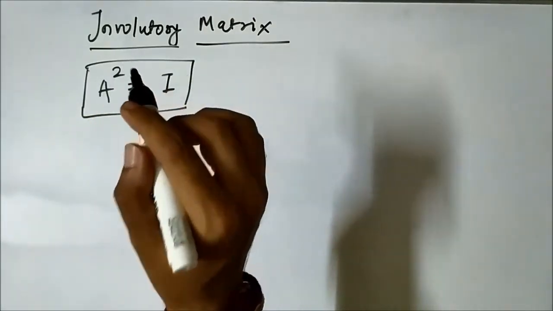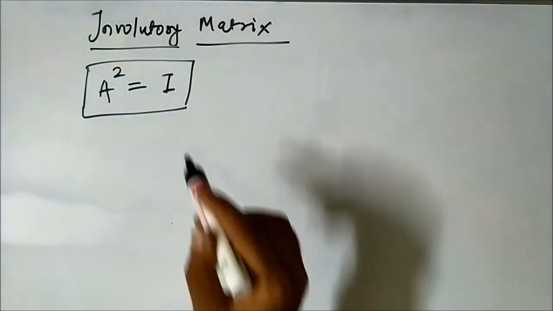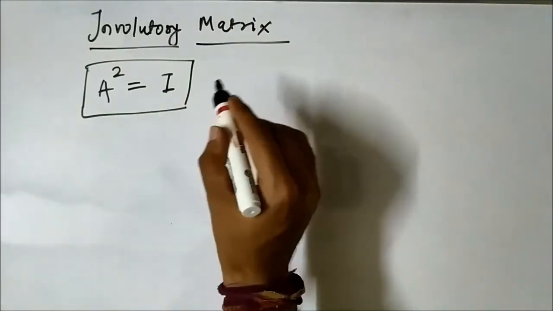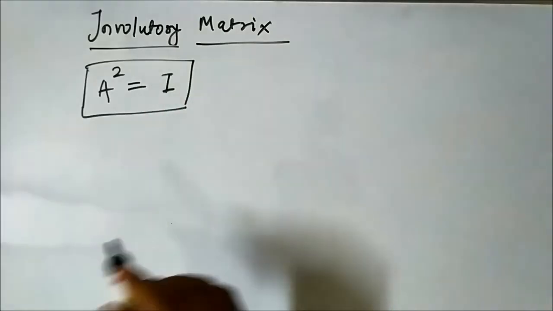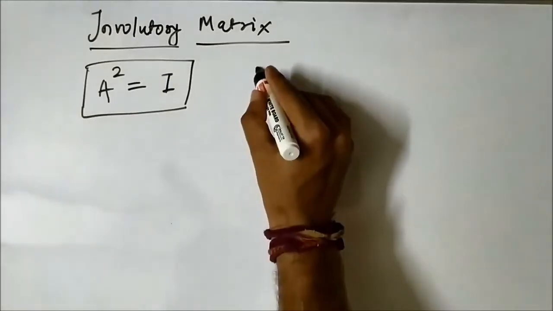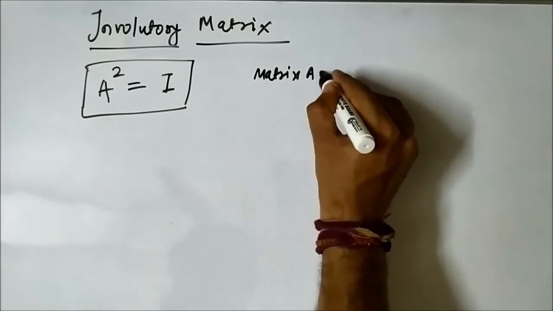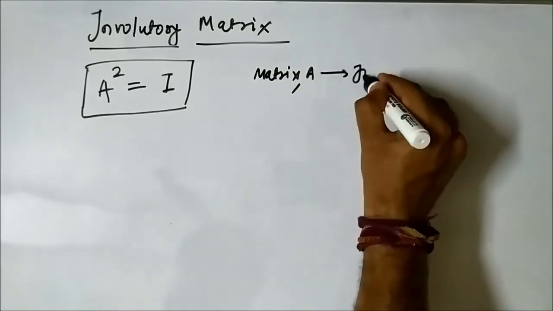If the square of a matrix gives us the identity or unit matrix, the matrix is said to be involutory. This is the condition for a matrix A to be involutory.